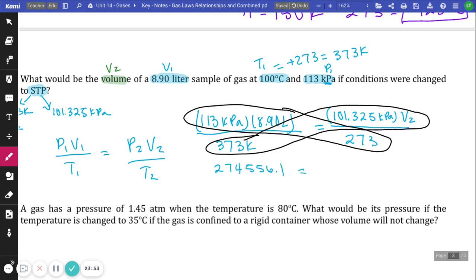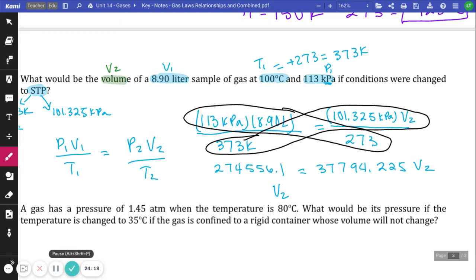And then when I cross multiplied the other ones, so 373 times 101.325, I got 37,794.225 times V2. So we're going to divide both sides to get V2 by itself. So divide both sides by that 37,000.